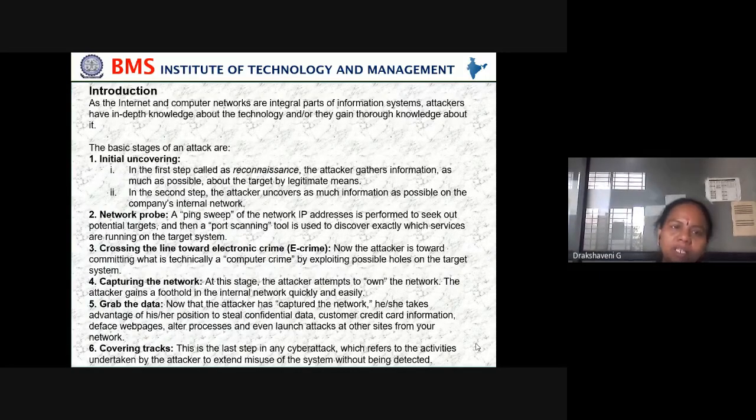As the internet and computer networks are an integral part of information systems, attackers have in-depth knowledge about the technology, and/or they gain thorough knowledge about it. What it means is, whoever is attacking can't just log in and do it, because they'll be caught.